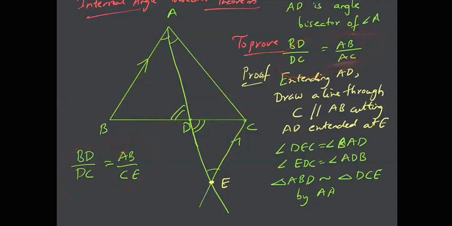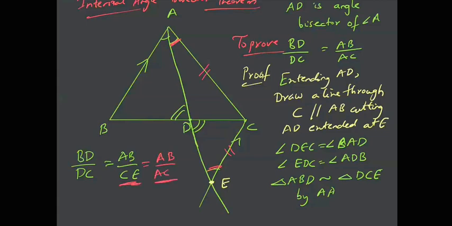So we need to prove that AC is equal to CE. Now if you observe this triangle ACE, since these two angles are equal, I can say that the sides opposite to these angles are also equal. So AC is equal to CE because these two angles are equal. So I can write this as AB over AC because CE is equal to AC.